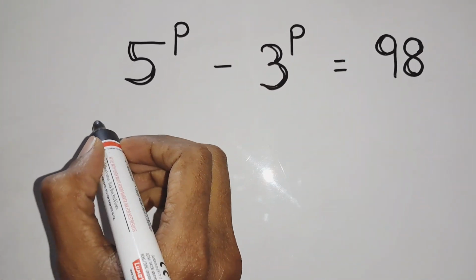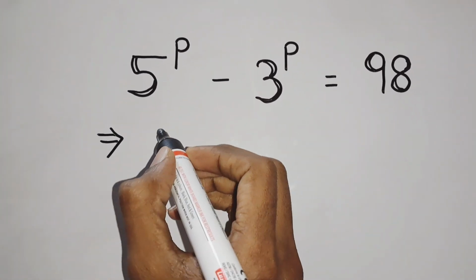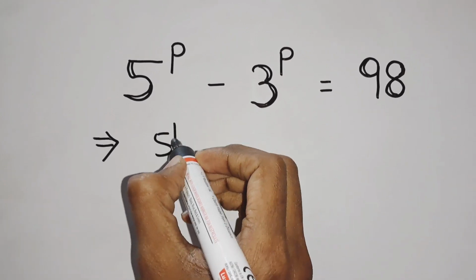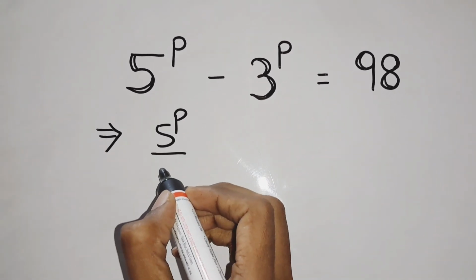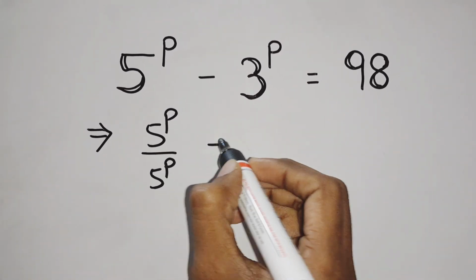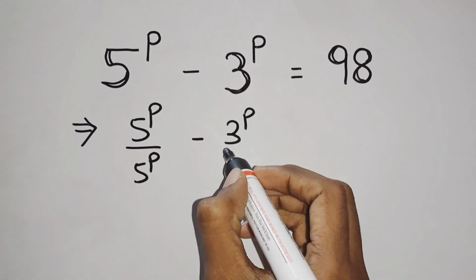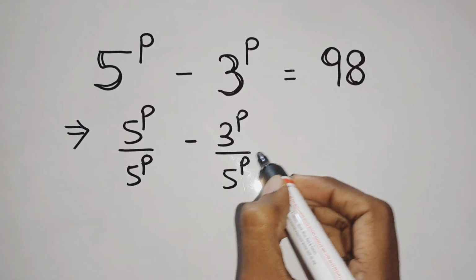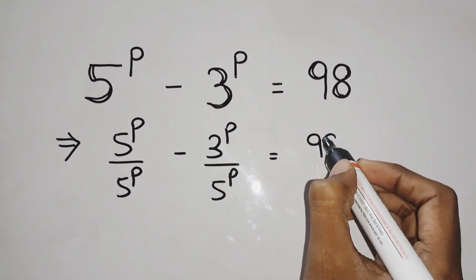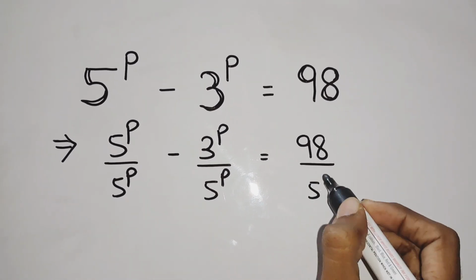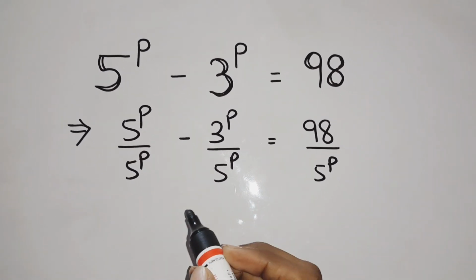So just divide left hand side and right hand side by 5 to the power p. Then what we will get? 98 by 5 to the power p.